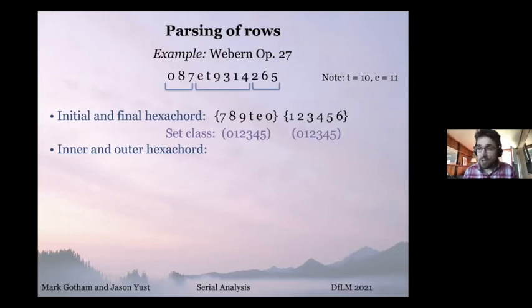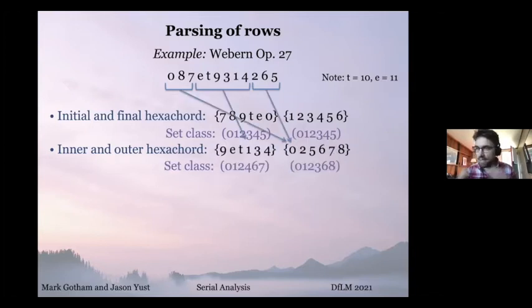But we're going to do also another hexachordal partition that is oblique to that one. So it includes exactly 3 pitch classes from one hexachord and 3 from the other, so that those will not be statistically related to one another in any way. In this case, these are the hexachords we get for this particular row.